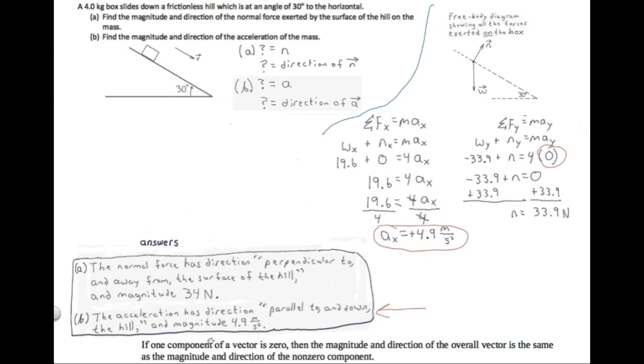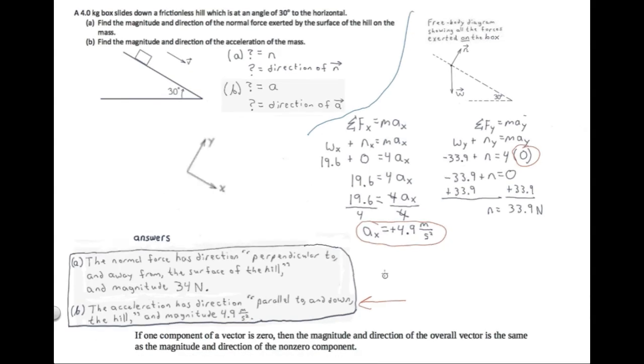Now, since the y component of the acceleration is 0, the magnitude and direction of the overall acceleration will be the same as the magnitude and direction of the x component. Well, a sub x is pointing in the positive x direction, and our positive x direction is parallel to and down the hill.